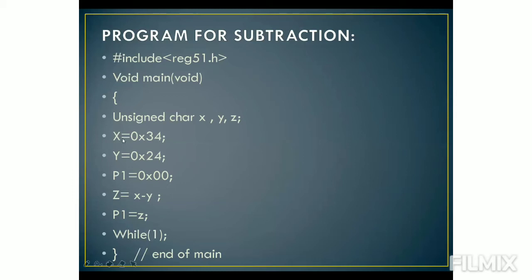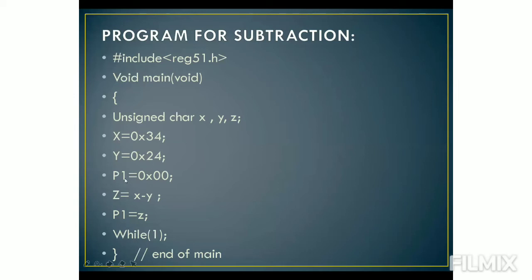Now we have to assign values for x and y. X is equal to 0 hex 34 semicolon, y is equal to 0 hex 24 semicolon. Here x and y are used as input variables.